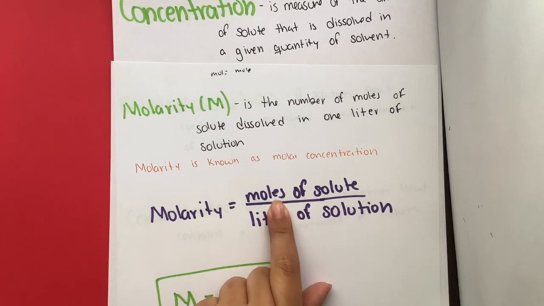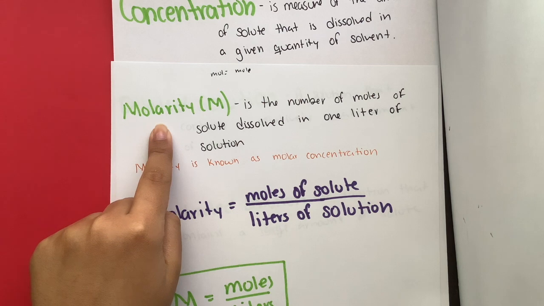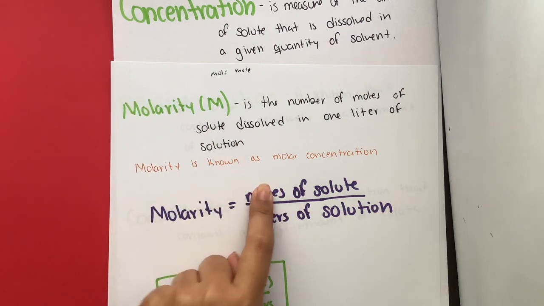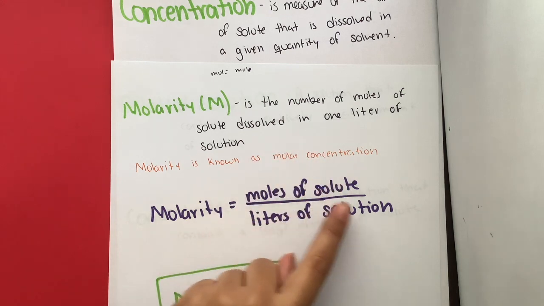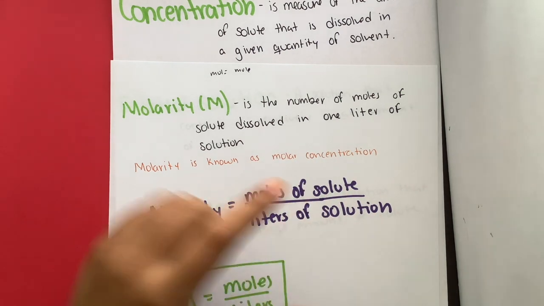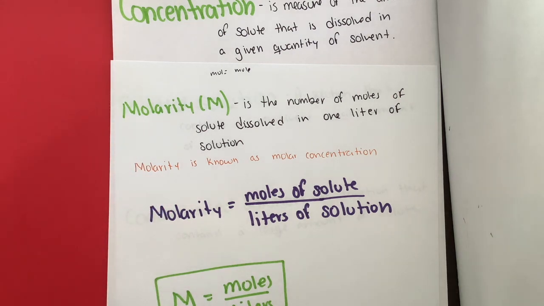Then using math, I would divide the grams of salt I put in by the molar mass of salt to get the moles. Then get the amount of moles divided by the liters of the whole solution. So I would get the salt plus the salt water, put it in a graduated cylinder, and see how many liters I have.